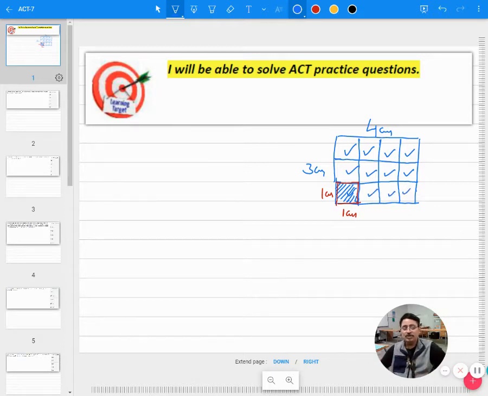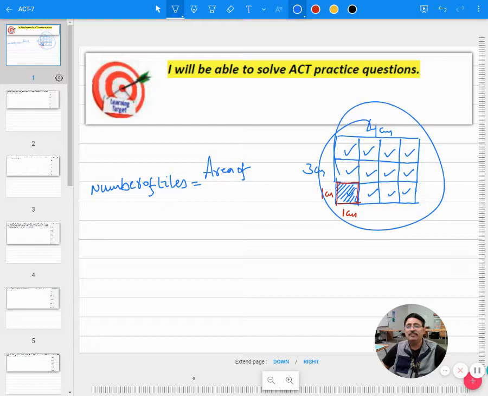But if the room is too big, or maybe a very, very big room, like something like a cafeteria, then you cannot keep counting this way, right? So there is a rule. The rule is if you want to find the number of tiles, that is equal to the area of whatever the shape of this one.